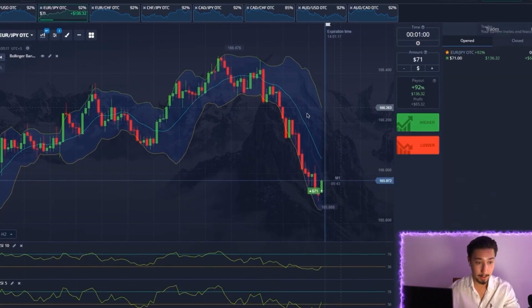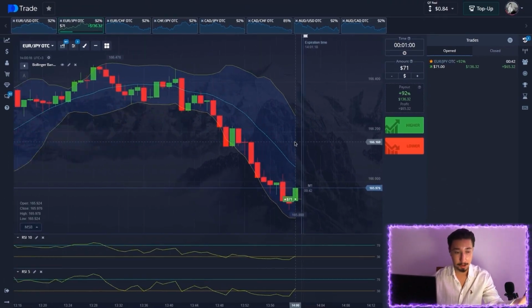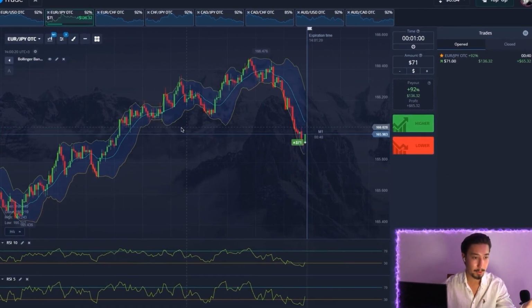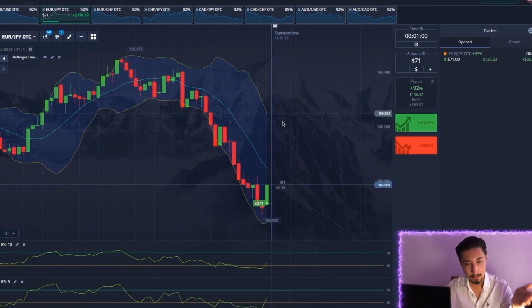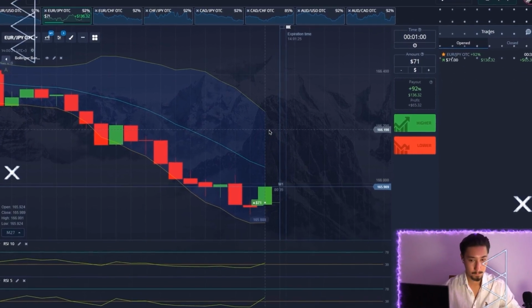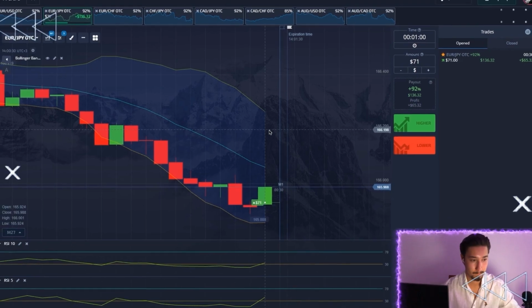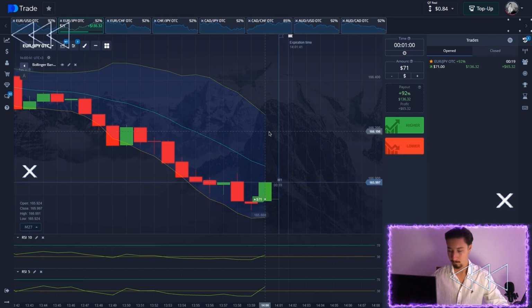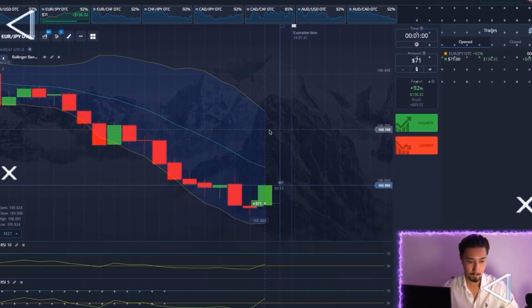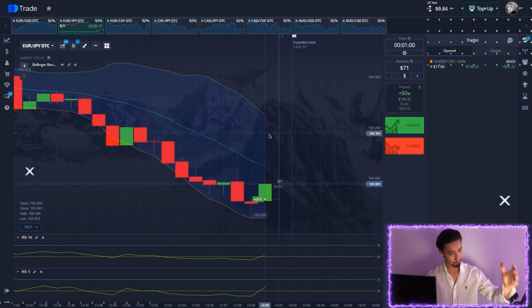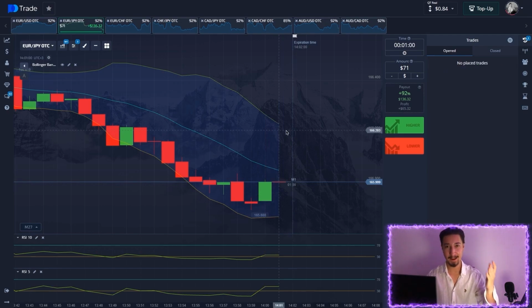There is nothing complicated, as I said. Yeah, in general, our dynamics are already moving upward. So let's look at the result of this trade, guys. Let's just wait. Just like that.